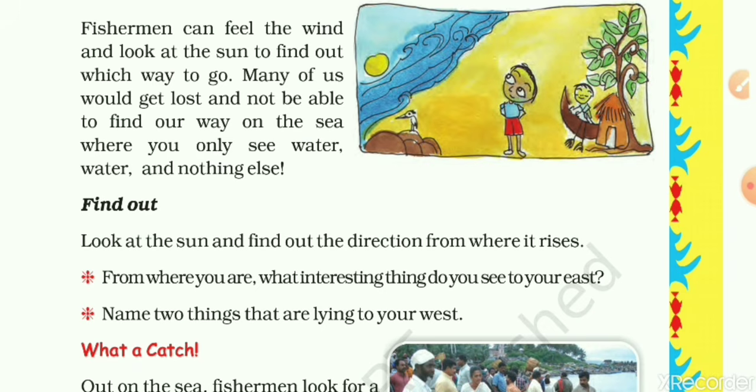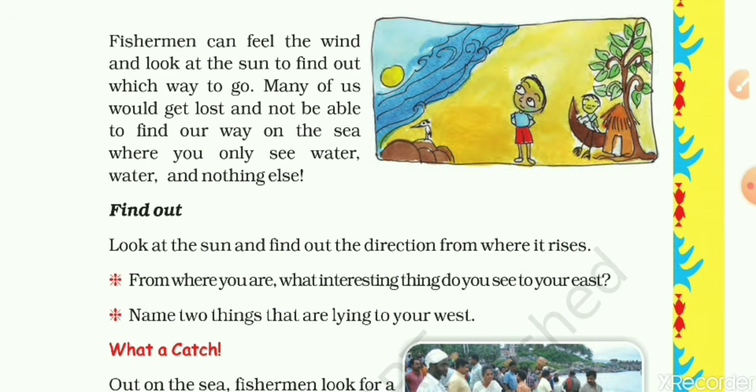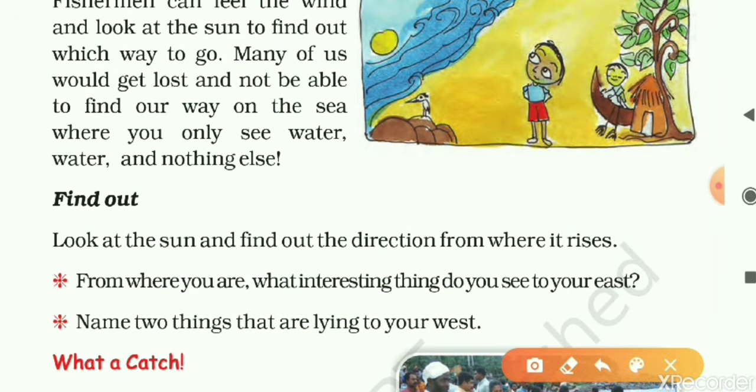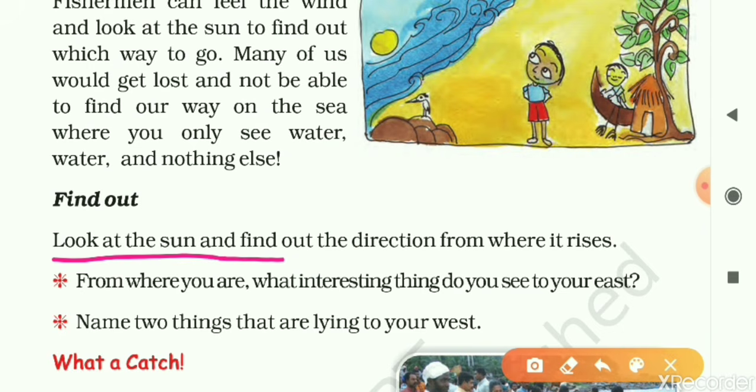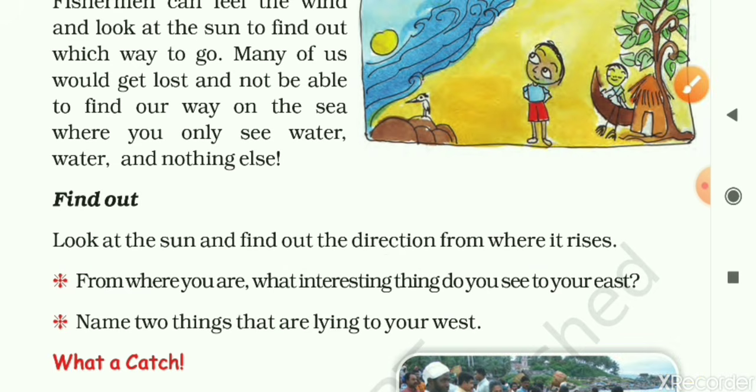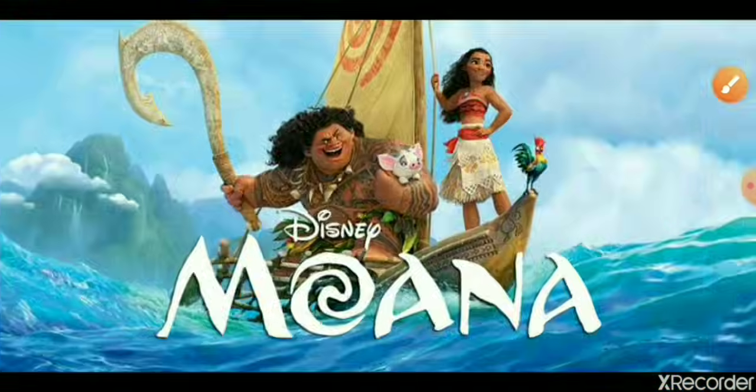You will just stay there, and all around what is there? Water, water and water. Now, find out. Look at the sun and find out the direction from where it rises. Let's have a look for it.